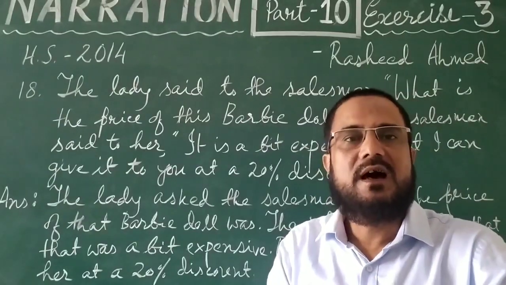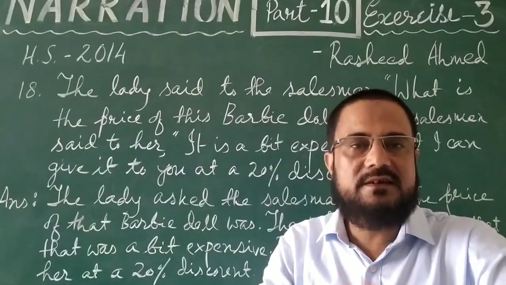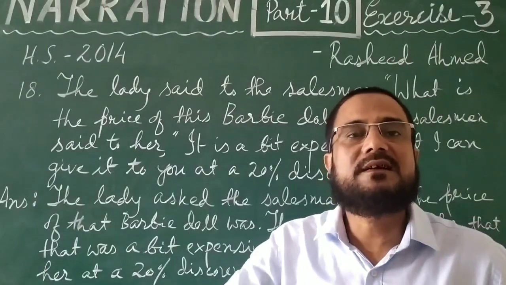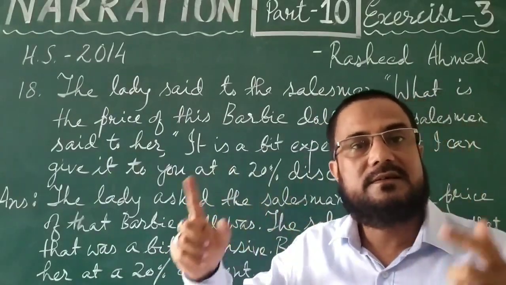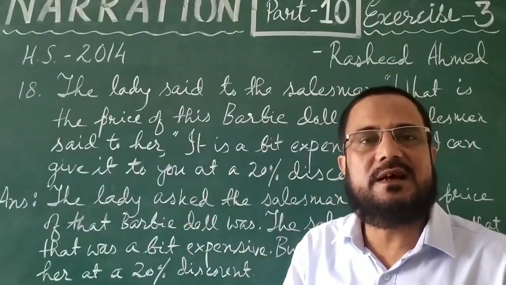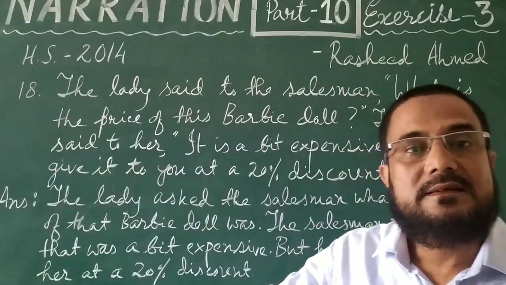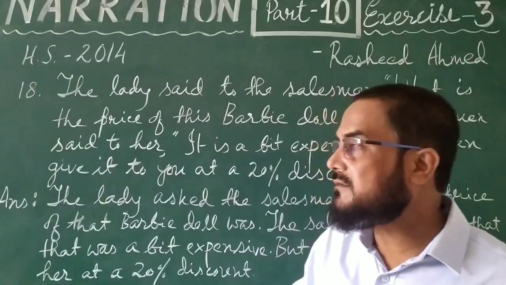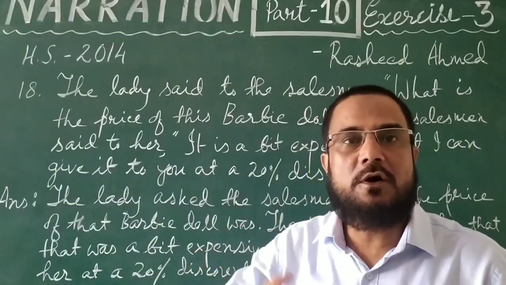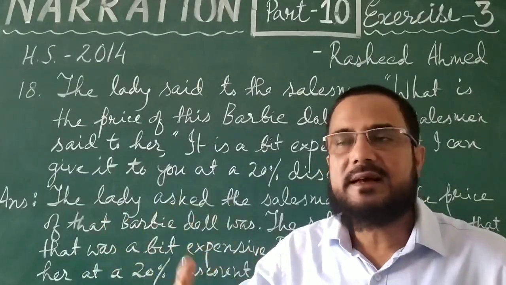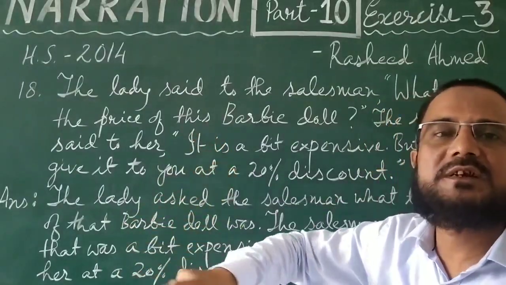When I say "it," I refer to this watch. Then it is a demonstrative pronoun, and "it" will be changed into "that." "It" and "this" are the same, and in indirect narration you will write "that." But when you have introductory "it" as a dummy subject, like "it is raining," "it is very hot today," "it is Friday today," then this "it" will not be changed. But so far as this "it" is concerned, it will be changed into "that."